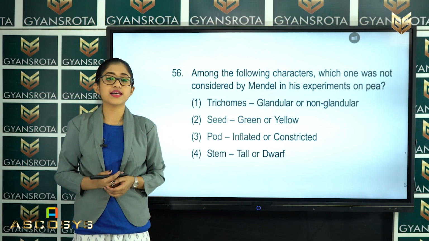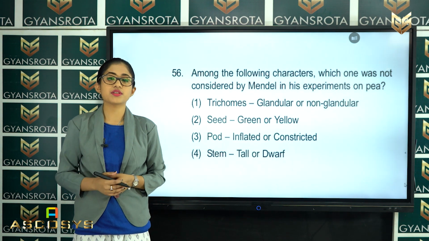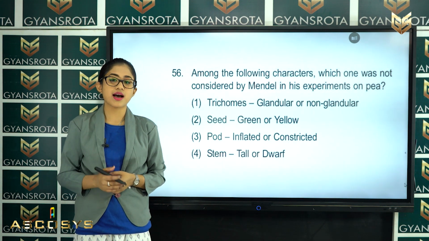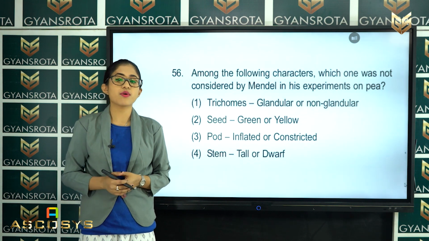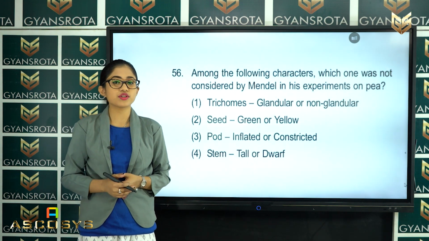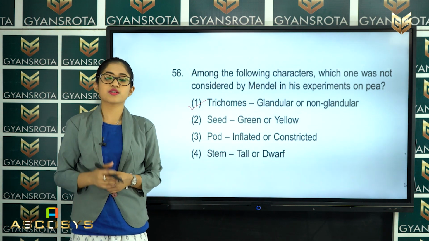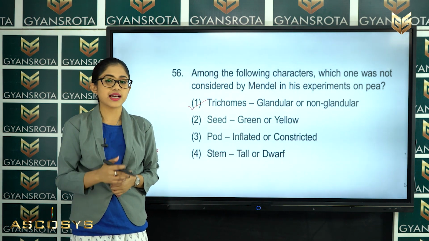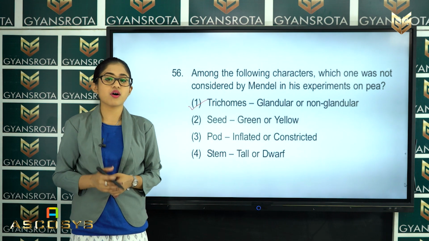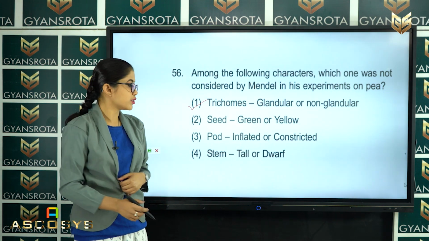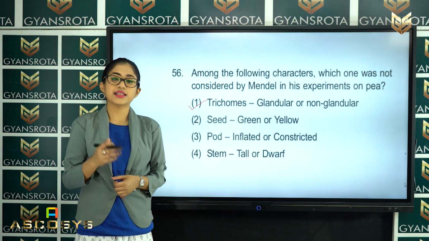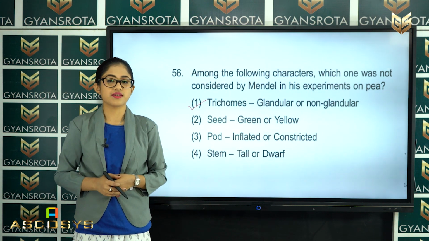So this is also a very easy question. This is from the chapter principles of inheritance and variations. So which among them is the correct answer for this question? Option number 1, because Mendel has not described the trichomes which were glandular or non-glandular, but option number 2, 3 and 4 are the correct answers for these questions, right?